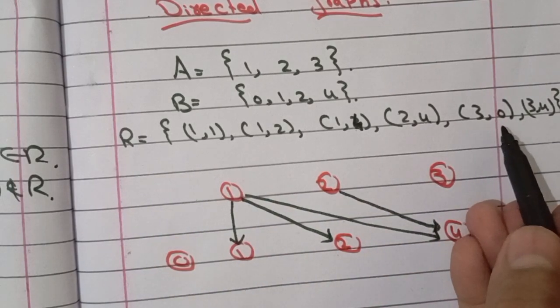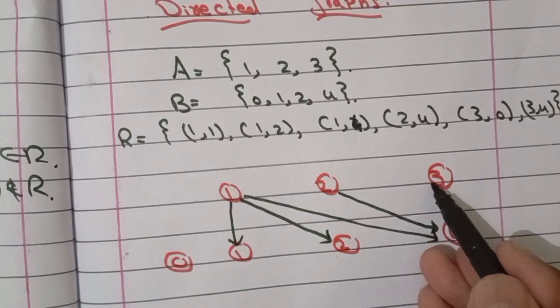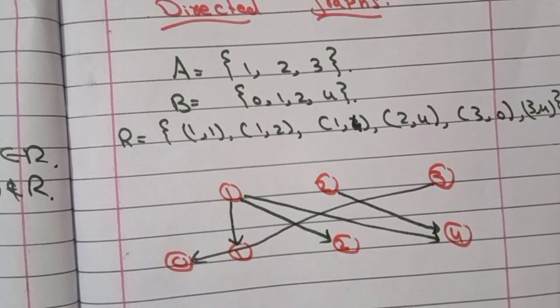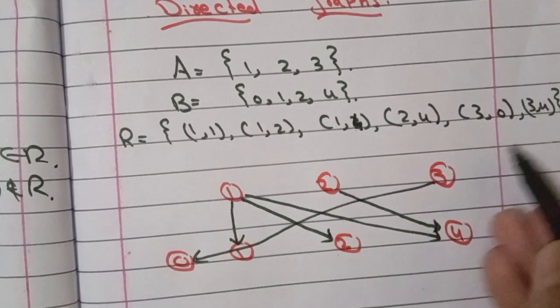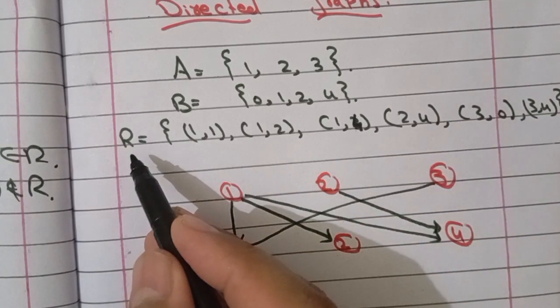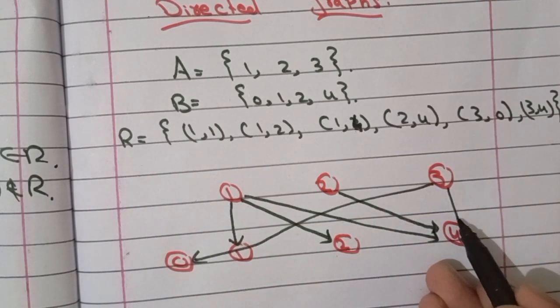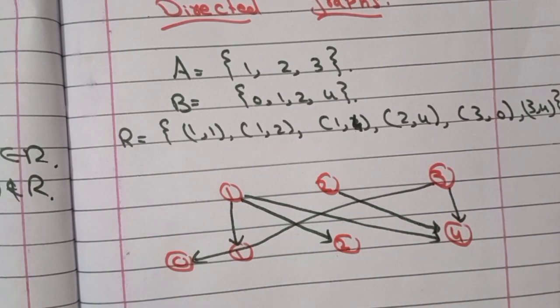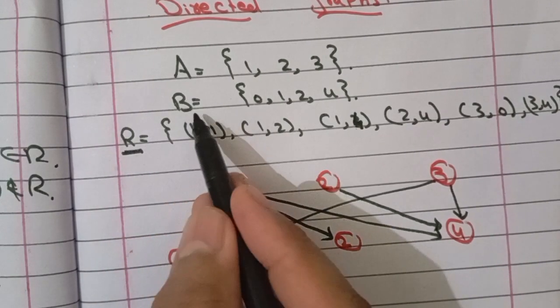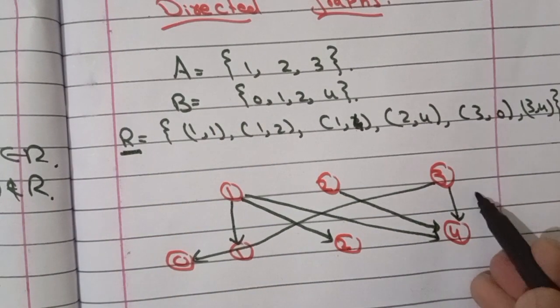Similarly (3,0) belongs to the relation R, so there is an arrow between 3 and 0. And (3,4) belongs to the relation R, so there is an arrow between 3 and 4. So this is how we can represent the relation R between two sets by using directed graphs.